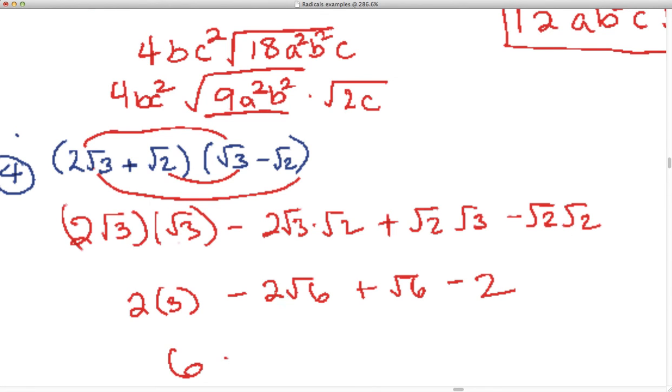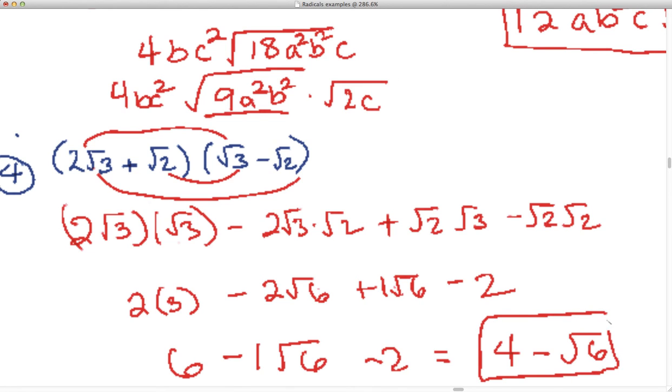So we got 6. Here we've got the like terms, right? So we got root 6 and root 6, so we look at this 1 that's implied to be there, and then we get a negative 1 root 6. You don't need to write the 1 there. You do need the negative. So then when you combine, finally, you get 4 minus root 6.